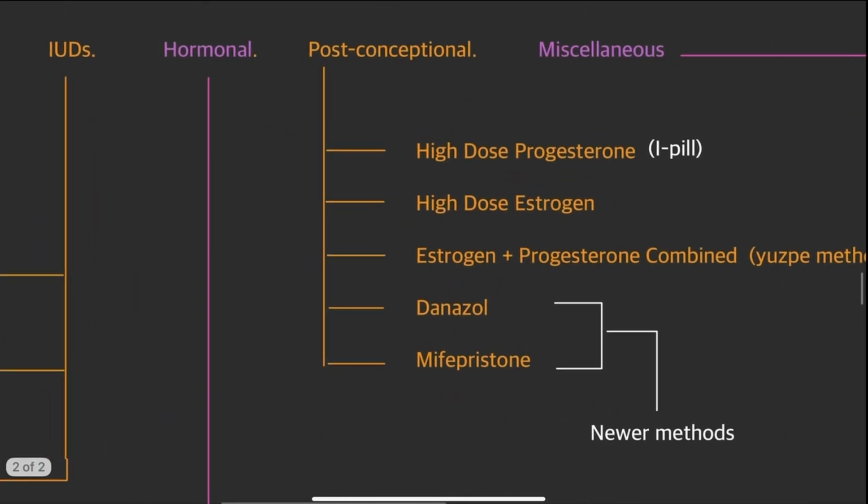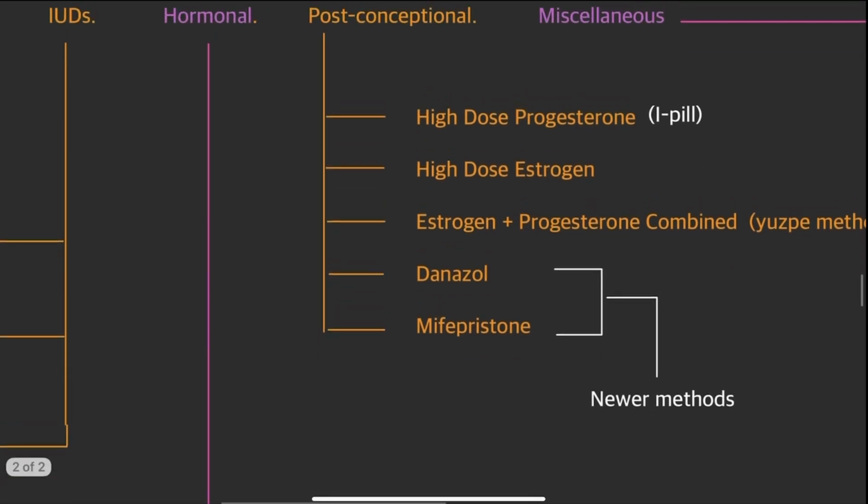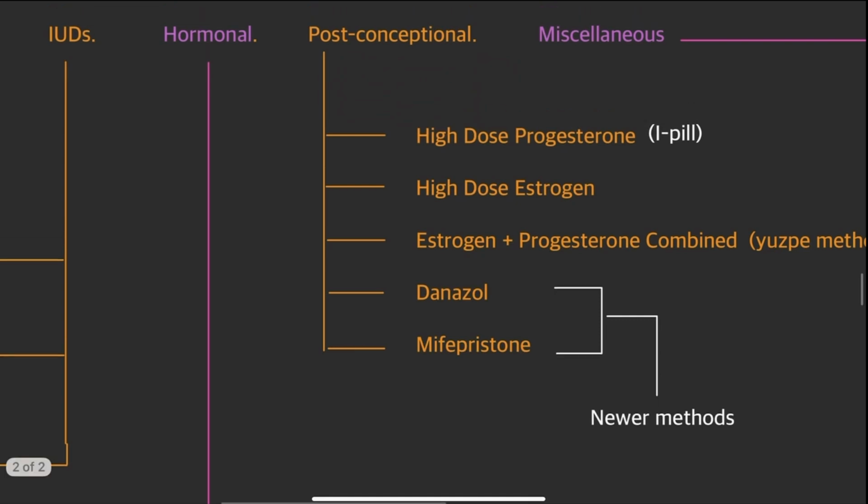Then we have post-conceptional method, that is after conception has taken place. There are many methods, but what I have written over here are the emergency methods. Emergency methods include 5 sub methods, and they are high dose progesterone, we call it by its nickname I pill.